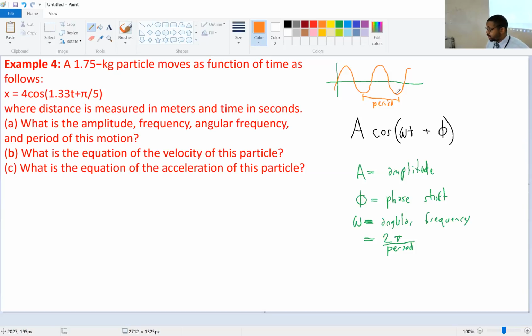Now the frequency is 1 over the period. Just the regular frequency. So period, I'll notate as T.